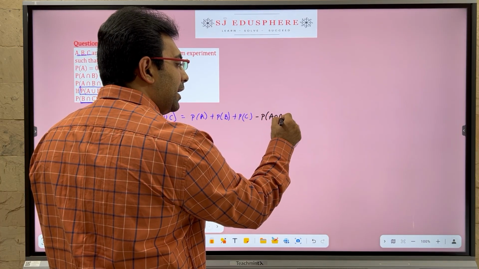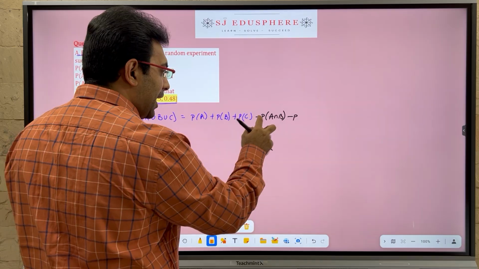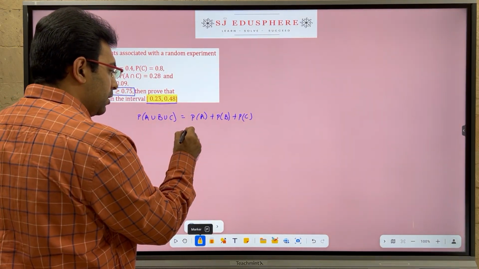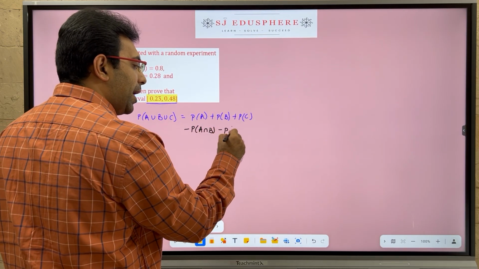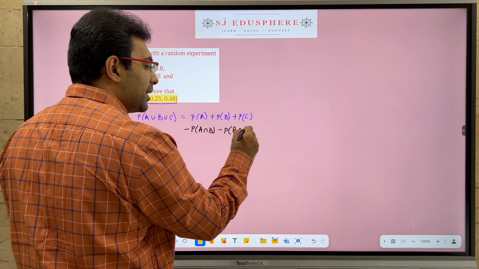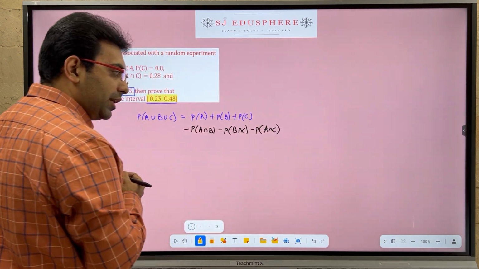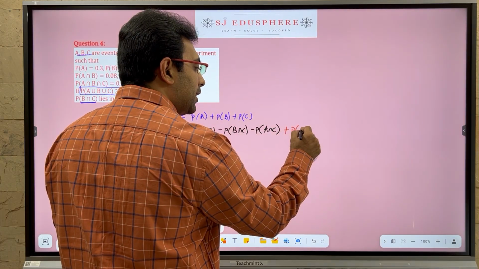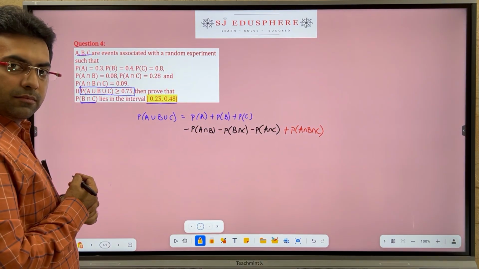Let me write that in the next line. Minus probability A intersection B, minus probability B intersection C, and minus probability A intersection C. And you add the triple intersection, that is probability A intersection B intersection C.